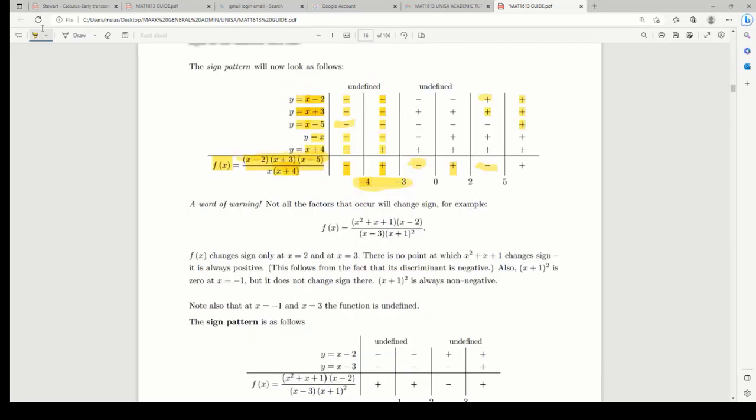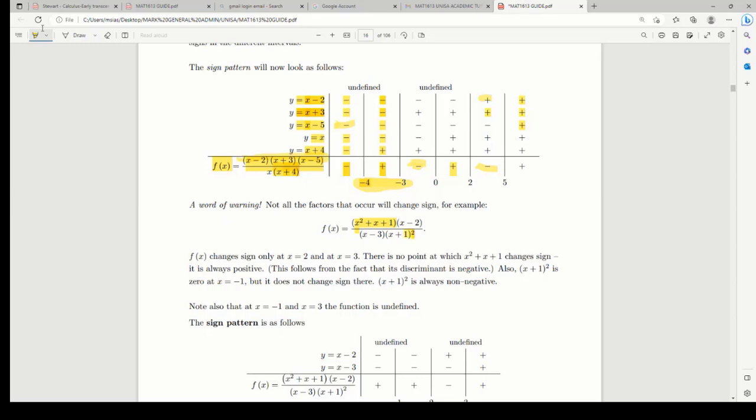Then they have another function there, and here they note that for this particular function, not all the factors that occur here will change the sign. For example, this factor here will always be positive. This one I marked can be 0 or positive, but it's always non-negative. So the main two factors to look out for are x minus 2 and x minus 3, because those can change sign.